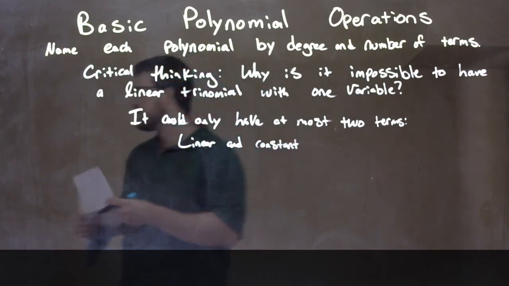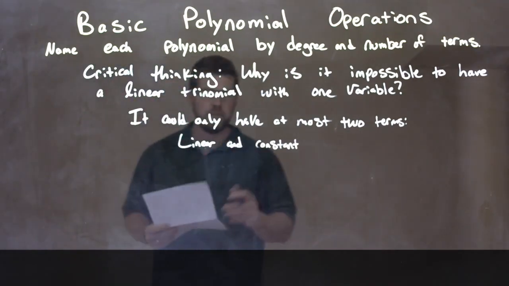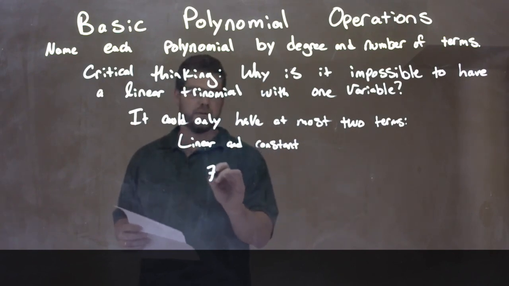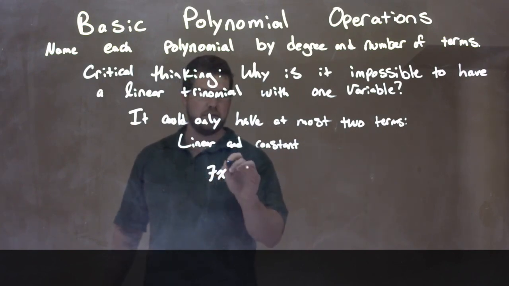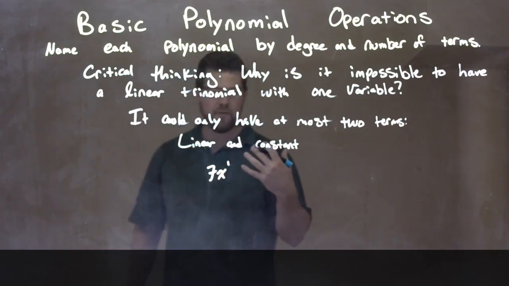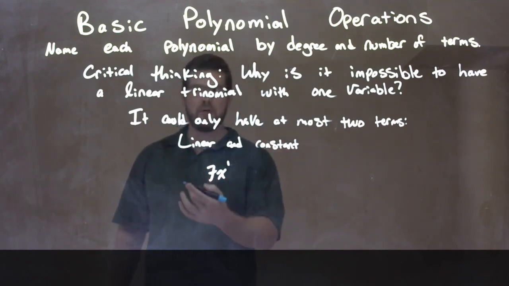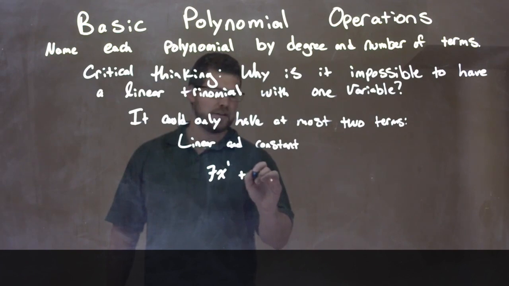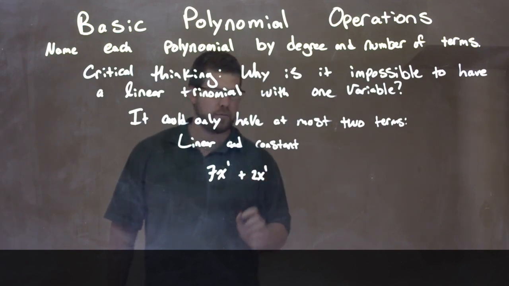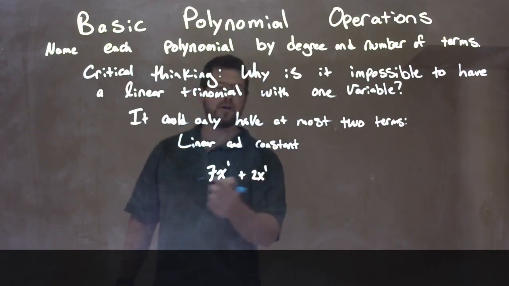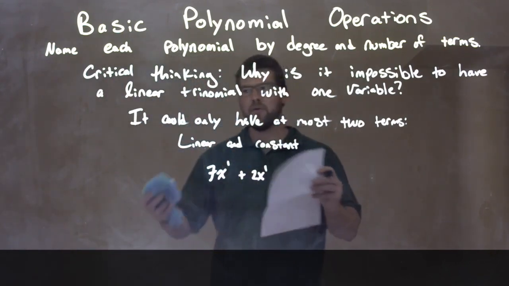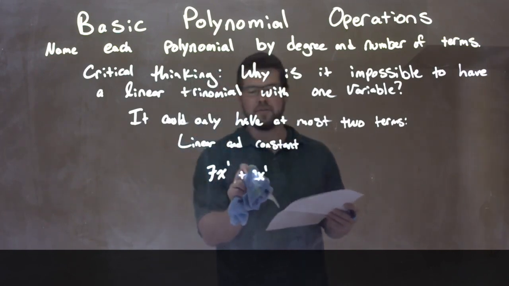So let's assume this is an x, so we can see that. We have 7x right here, and it's to the first power. If I had x to the second power, it wouldn't be linear. So the highest degree I could have is the first power, and if there were another x, let's say 2x, to the first power, they wouldn't be separate because I could combine those first. So they would all be together: 9x to the first power.